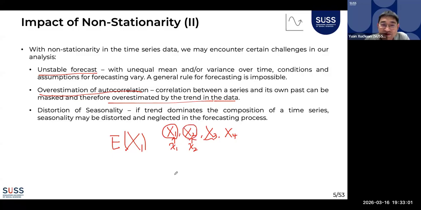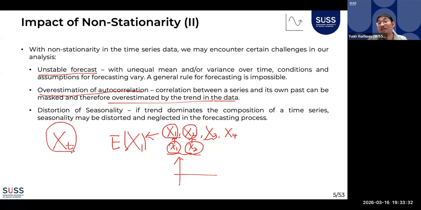It does not say that when you plot your time series, it is a horizontal line, because this is just one observation of each random variable, and all these observations form your sample. So the mean or variance refers to the random variable at time t. Each time t is a random variable, but you only observe one data point, small xt. So we require the mean and variance of this random variable to be constant.